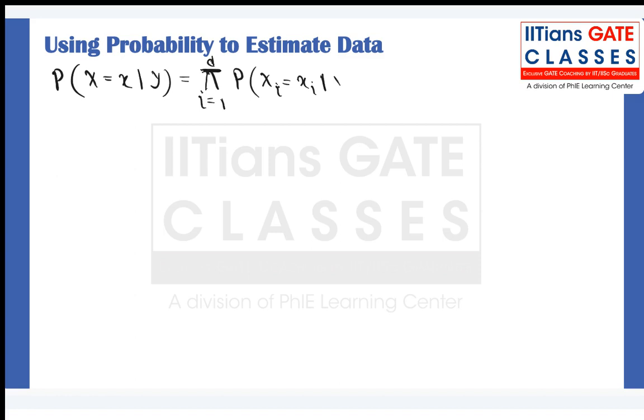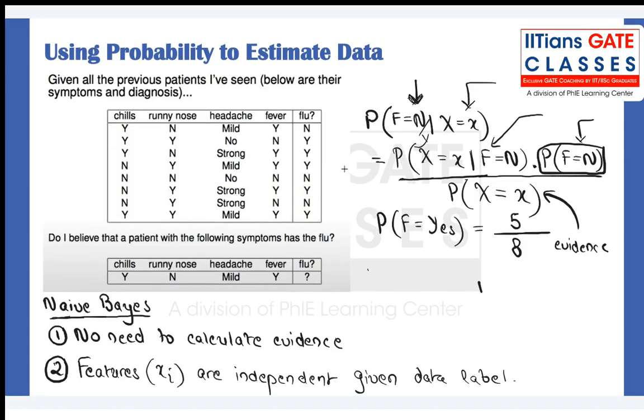This is the example, which means for the given example I had, the value of d is 4.